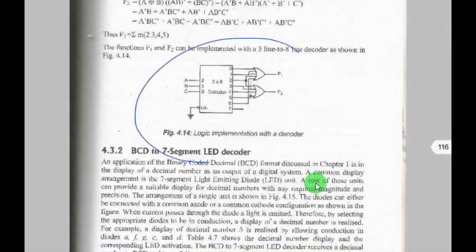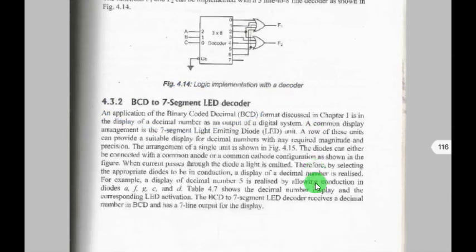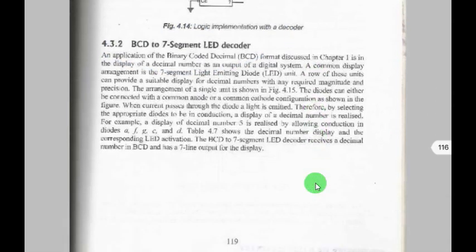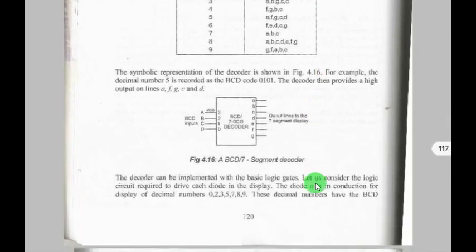So this is the solution if you want to look at it in more detail. I don't want to look at the BCD to 7 segment. That you can look at in your own leisure as computer scientists and IT experts.